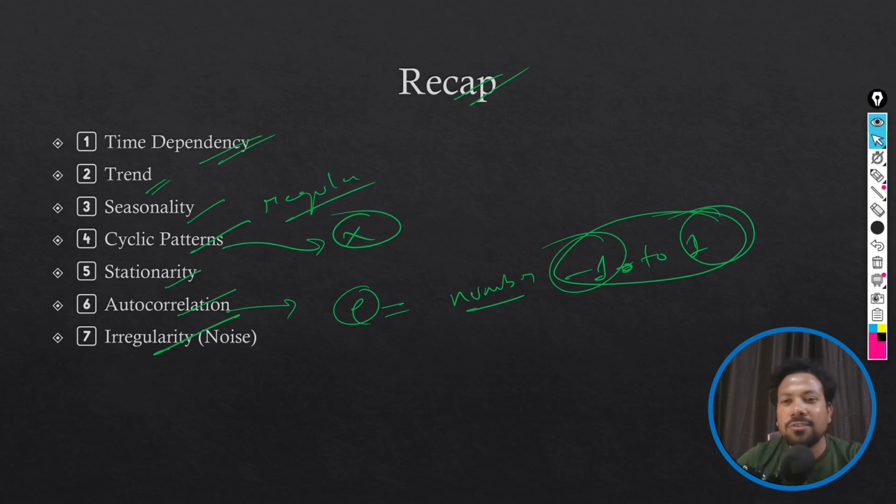I know my English is not up to the mark. I get stuck sometimes because I'm not a native speaker, but I'm trying to make my videos in English. If my videos get a good response in English, then I'm going to continue to teach in English. Otherwise, I will switch again to Hindi, because my main motive for making these videos is to make you understand these concepts in an easy language.